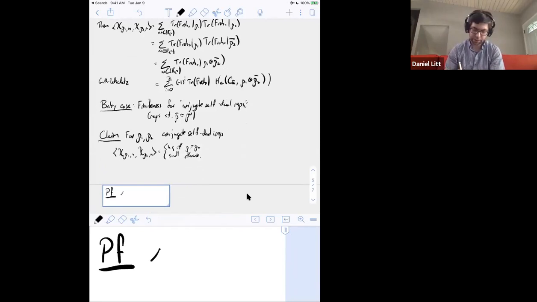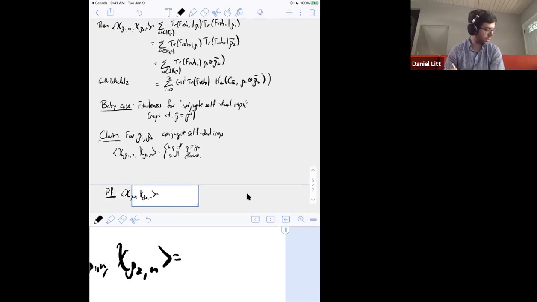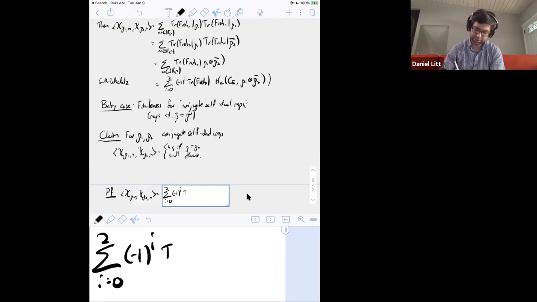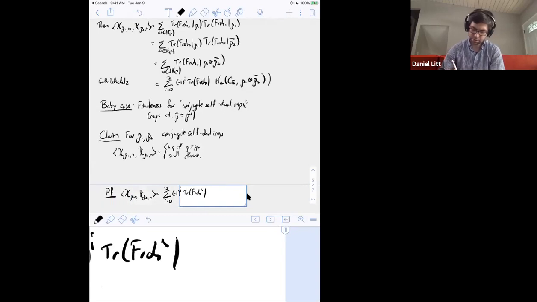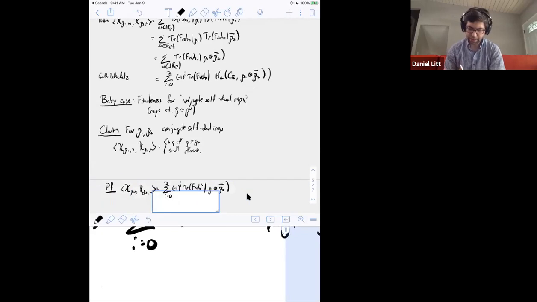So this inner product, we can just compute. Well, we computed it before. It's the sum from i equals 0 to 2 of (-1)^i times the trace of Frobenius on rho_1 tensor rho_2-bar. Okay, but I assumed that the rho_i's were conjugate self-dual, right? So rho_2-bar is rho_2 dual. So let's write that.